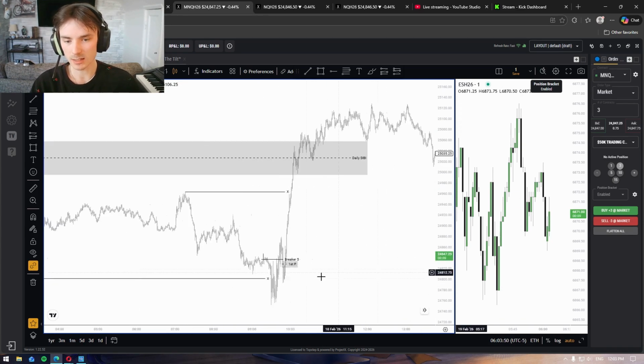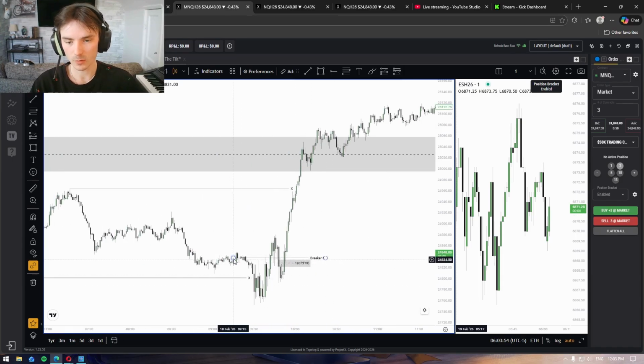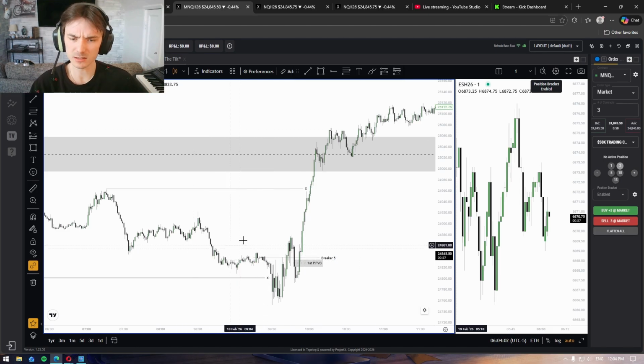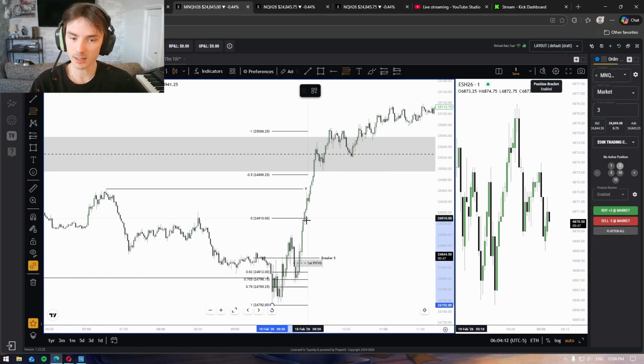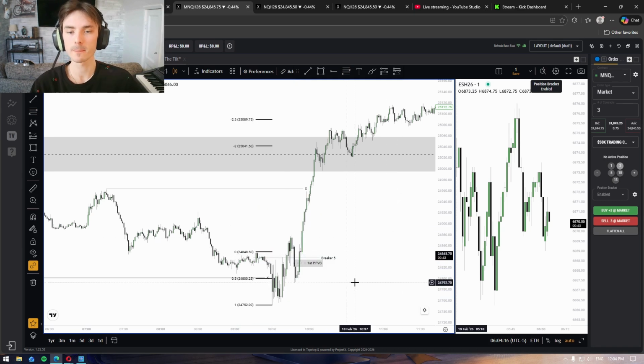And since sell side is taken, right? See, I was correct. Almost. That's kind of confusing, to be honest. The breaker on the 5-minute rarely aligns. But yeah. And you also have sell side taken, break to the upside, boom, SD levels.